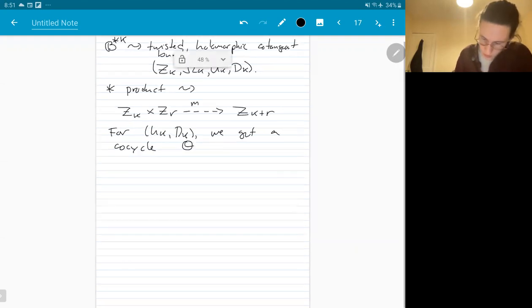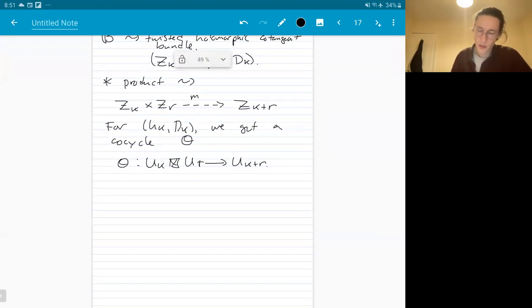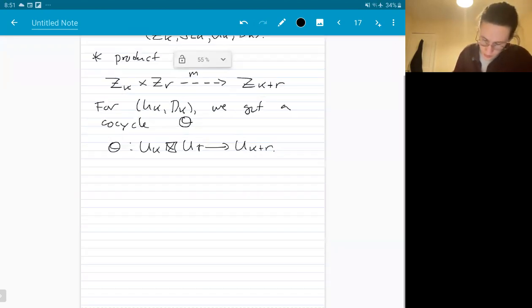By cocycle, what I mean is that we get a map from U_k boxed with U_j to U_{k+j}. And this is also constructed out of the R matrix and the moment maps in a similar way.